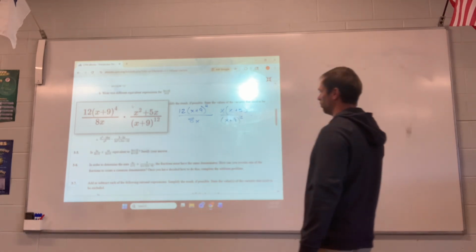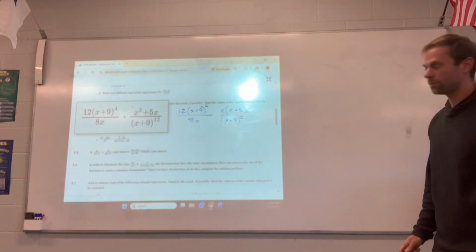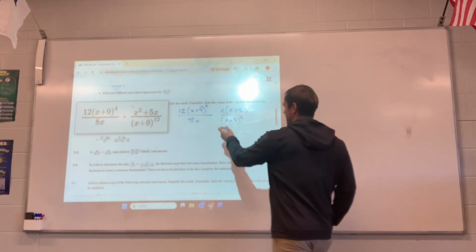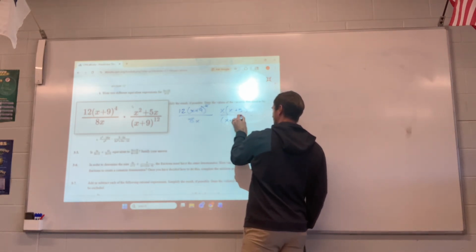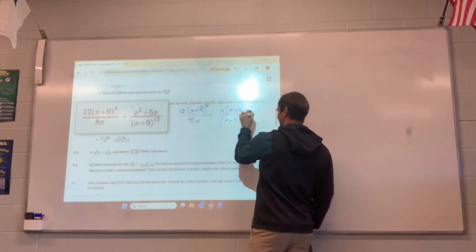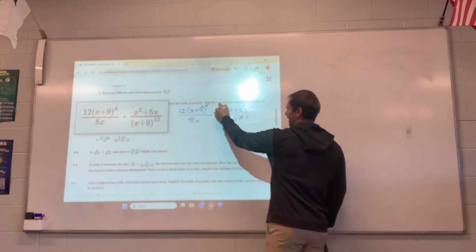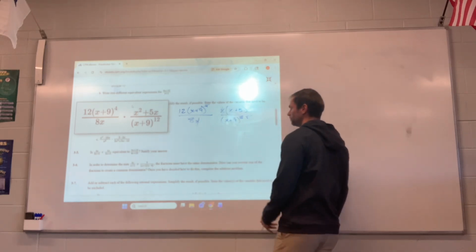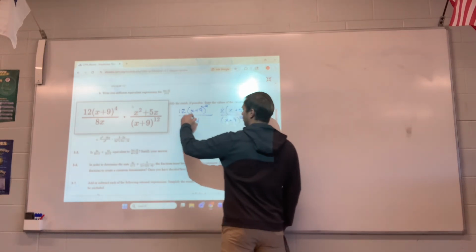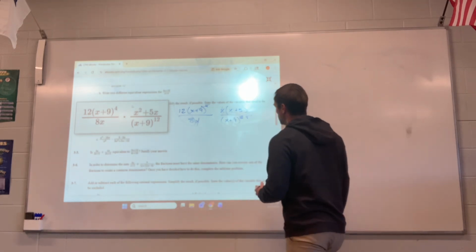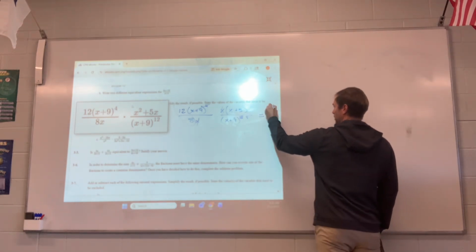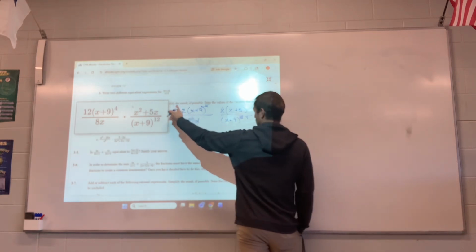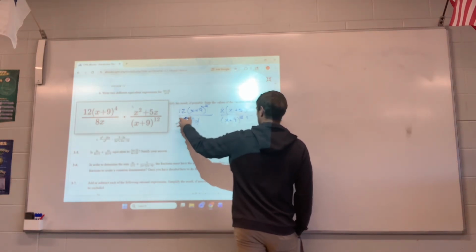Then we're looking at what can cancel. In this case, I have 4x(x+9)^4. Down here I had 12, so this is going to become an 8. I have one x that can cancel, and then 12 over 8 will reduce. Again, this will reduce if I divide by 4, so this is 3 over 2.